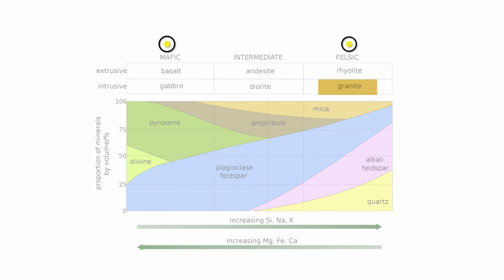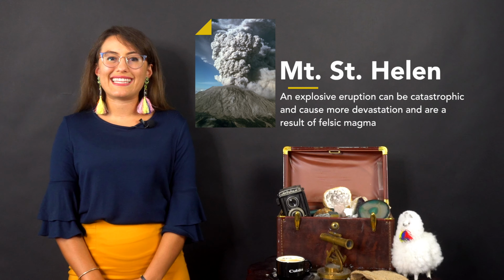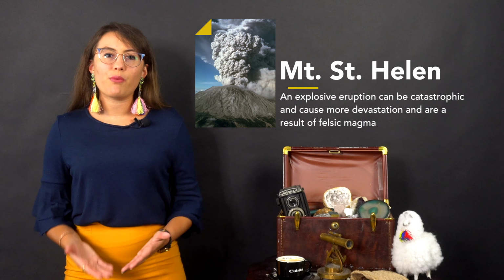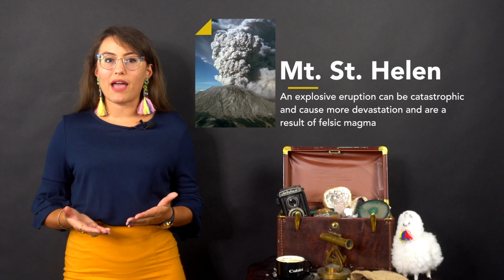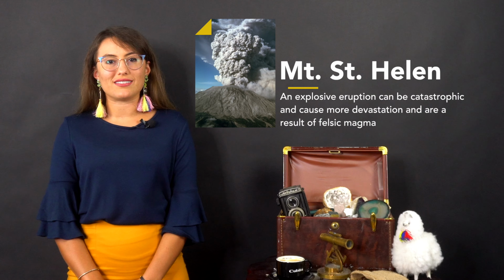If felsic magma rises into a magma chamber, it can get stuck due to its high viscosity. This can result in the trapping of dissolved gases, leading to a buildup of pressure which can lead to an eruption. The viscosity is important because if gases are able to escape from magma, this will flow more gently, whereas if gases cannot escape and pressure begins to build, this can result in a violent eruption.